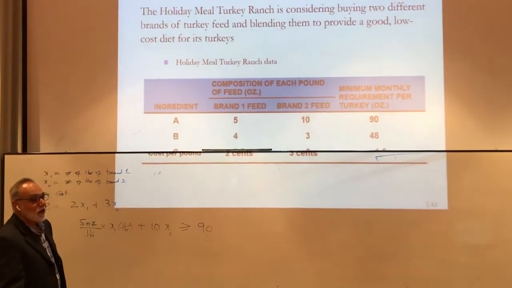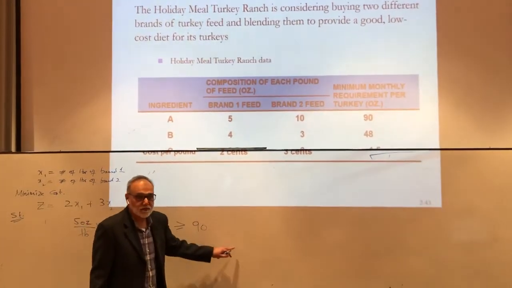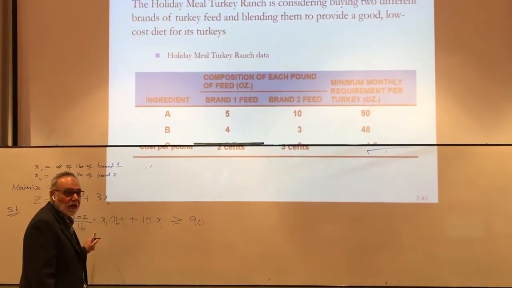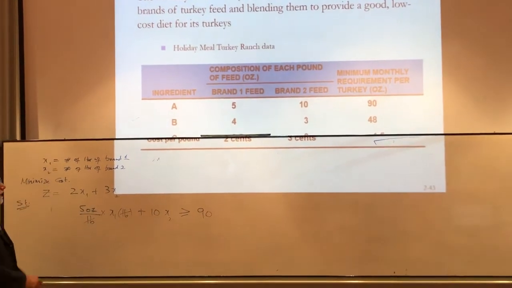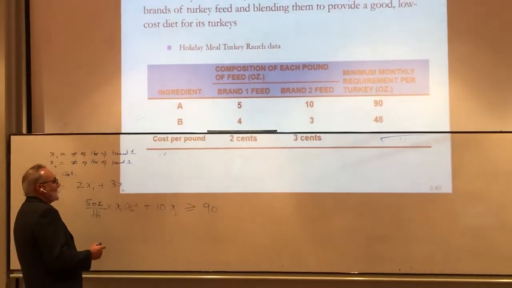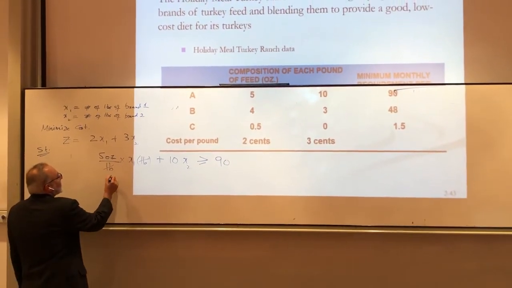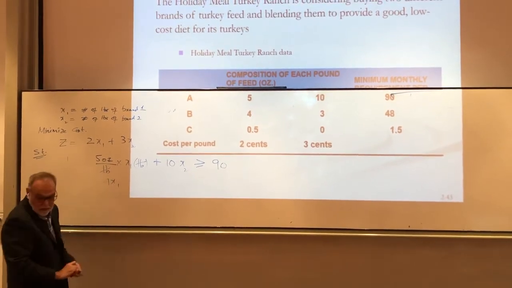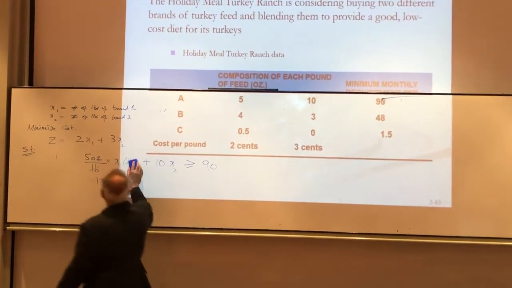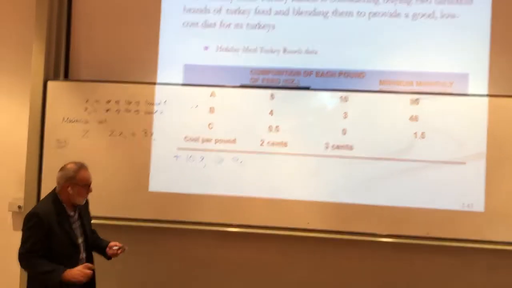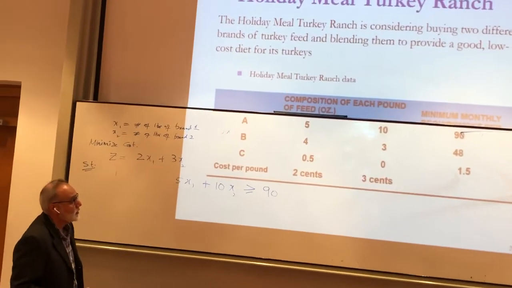Now we don't have to convert these constraints into pounds because these are all in ounces. The right hand side and the left hand side are both in ounces. So this is 5x1 plus 10x2 greater or equal to 90.